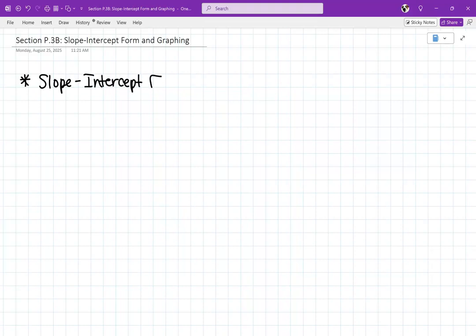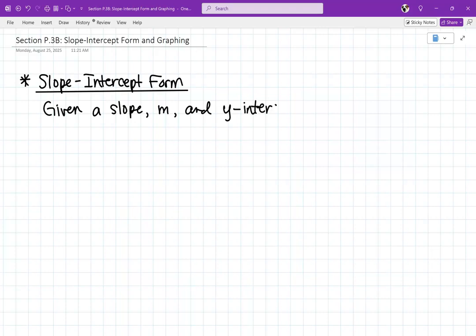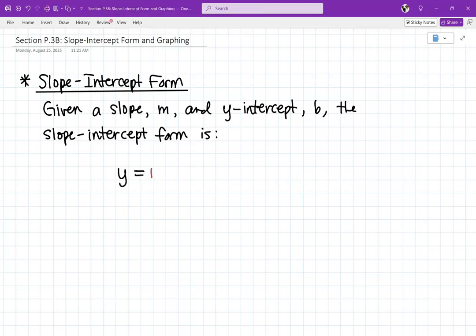Slope-intercept form. And this is going to say, given a slope m and y-intercept b, the slope-intercept form is y equals mx plus b.